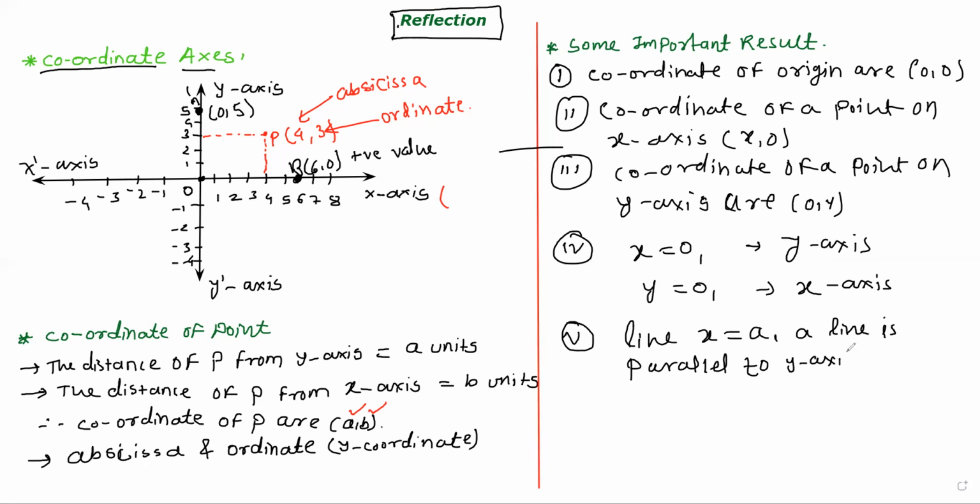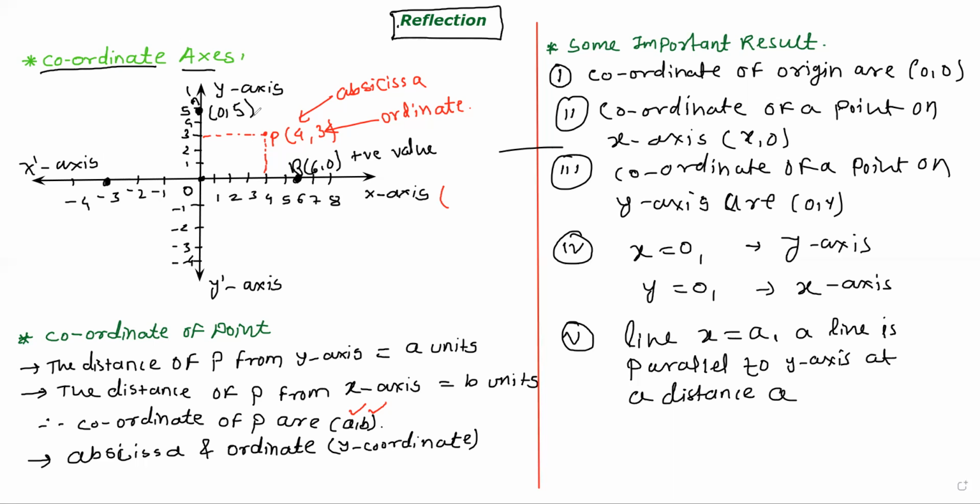For example, consider x equals minus 3, where the y coordinates are changing.